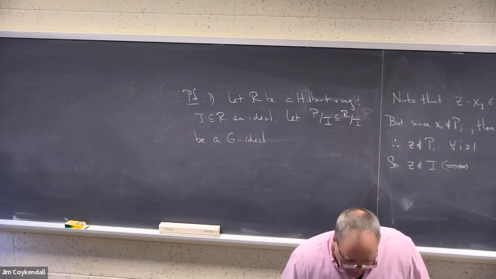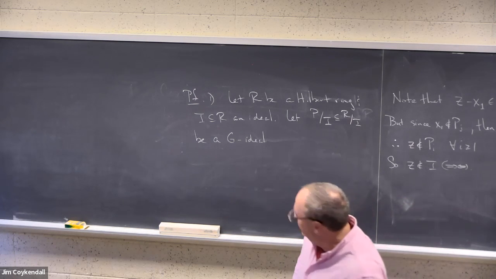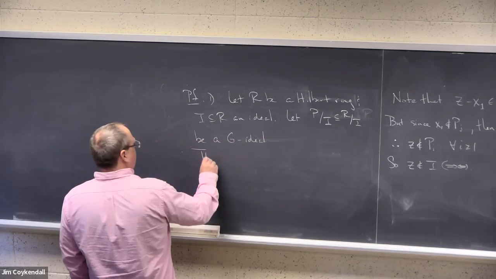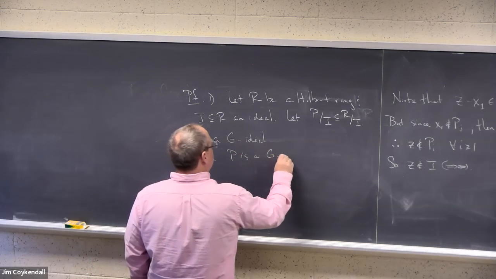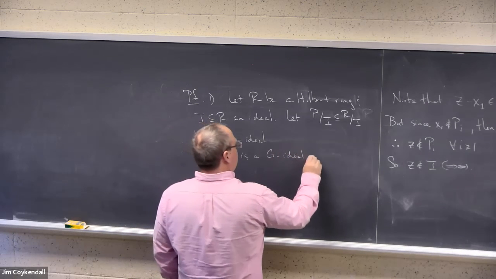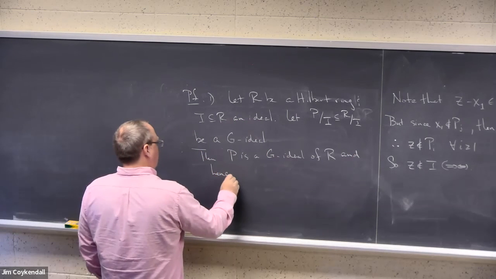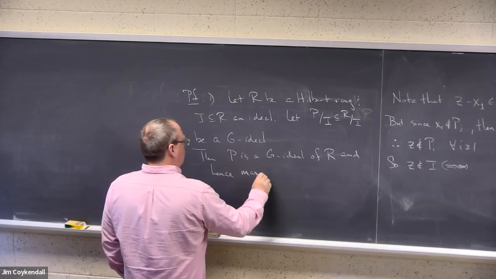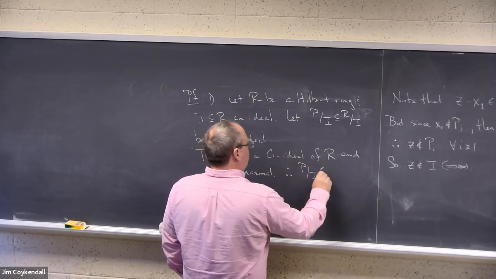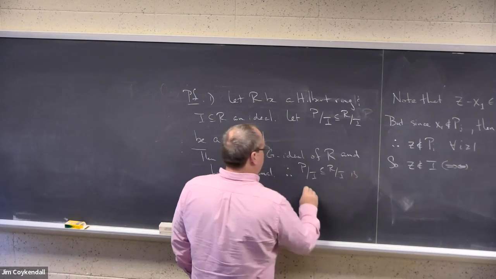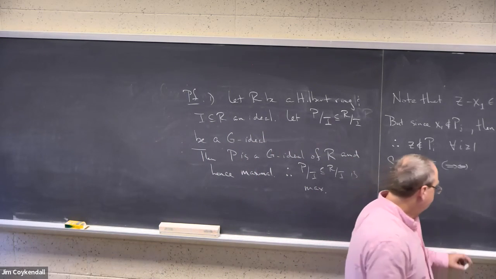So look at P mod I, and suppose it's a G ideal of R mod I. Then P is a G ideal of R, and hence maximal. Therefore, P mod I is maximal in R mod I. And that's all you need to know.